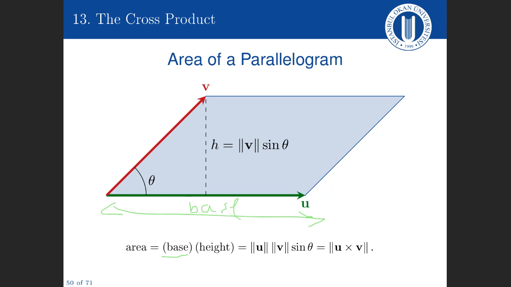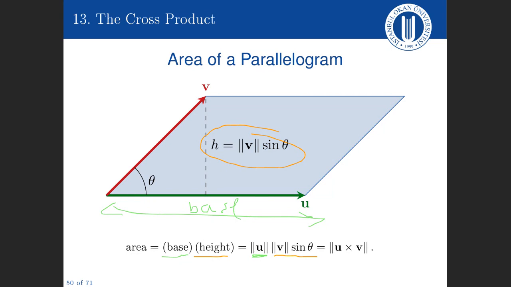The length of the base is just the norm of U. What is the height? For the height, we use trigonometry to see that the height must be the norm of V multiplied by sine theta. The height of this parallelogram must be norm of V sine theta.